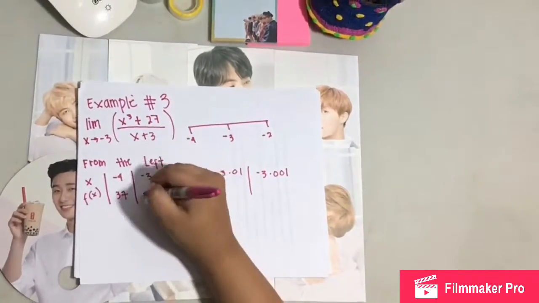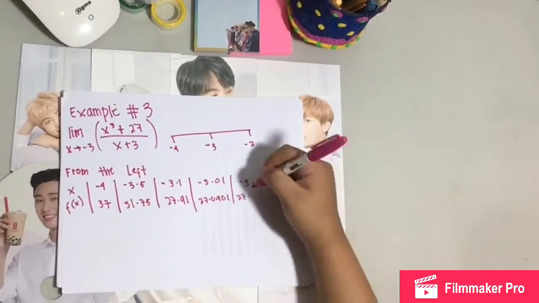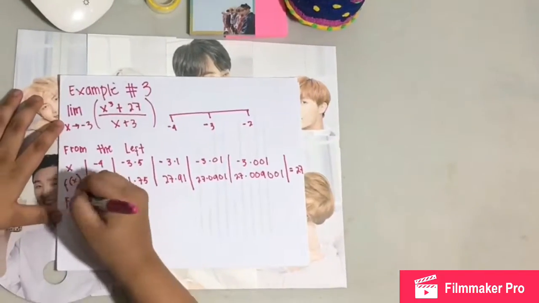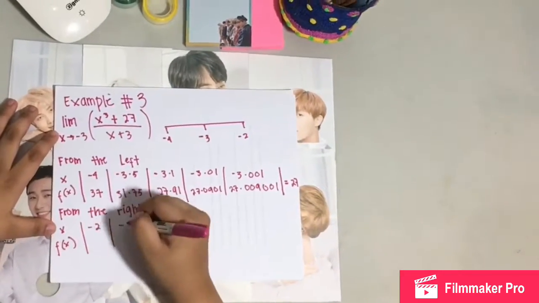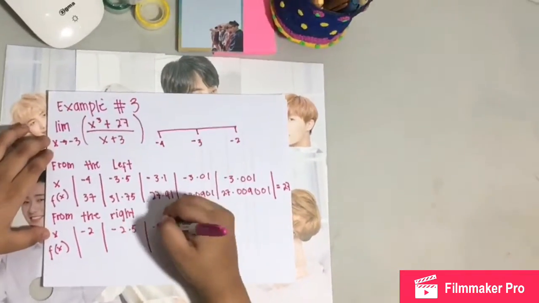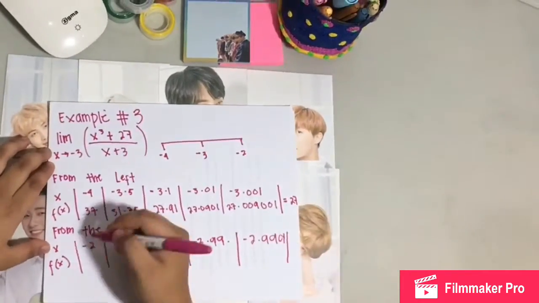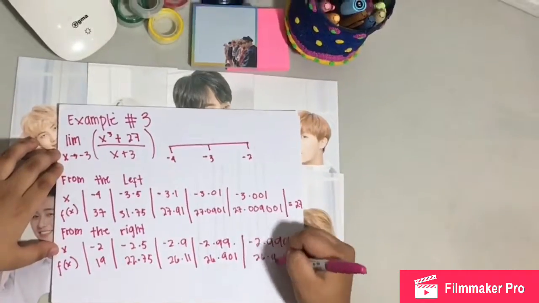And now coming from the right side, we are gonna choose values that are slightly bigger than negative 3. Therefore, the limit as x approaches negative 3 of x cubed plus 27 over x plus 3 is equal to 27.